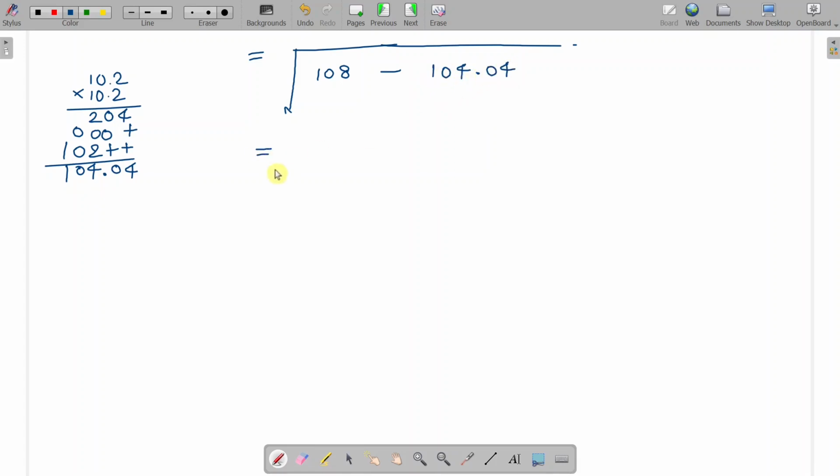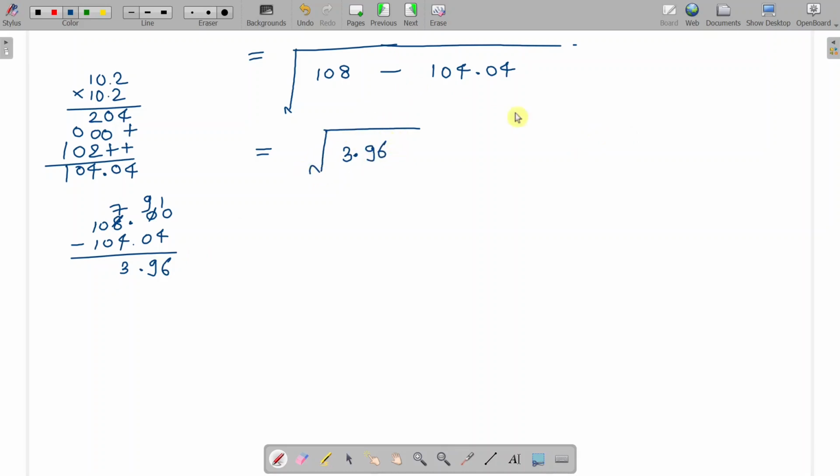Okay, so that means root of 108 minus 104.04. So 1 borrowed, 9 remains here, 7, so 3.96 is the answer.